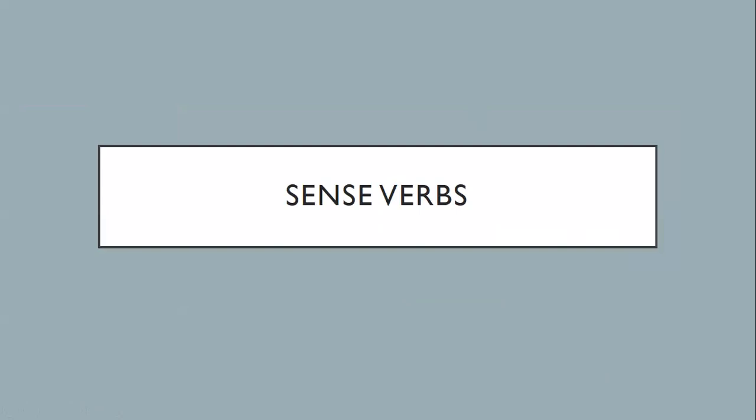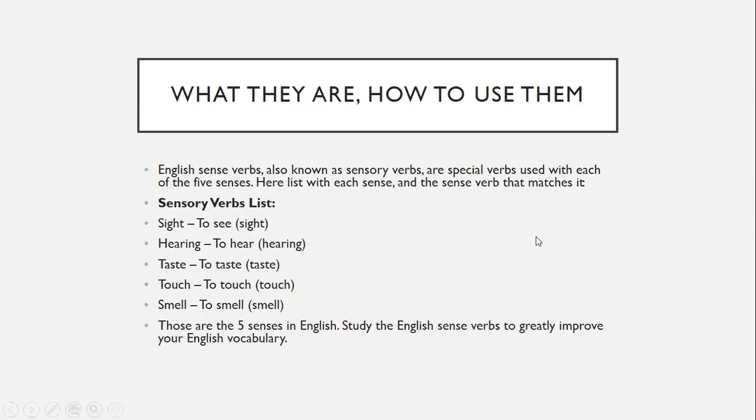And we were talking last class that we have sight, touch, smell, hear, right? And those are some of the verbs that we have. But what are they and how do we use them? So English sense verbs are also known as sensory verbs. They are special verbs used with each of the 5 senses.